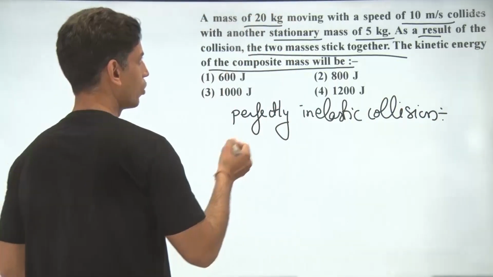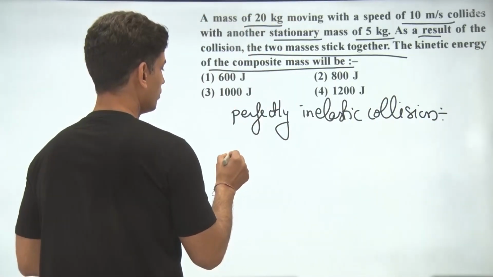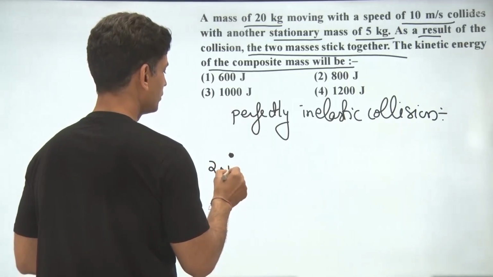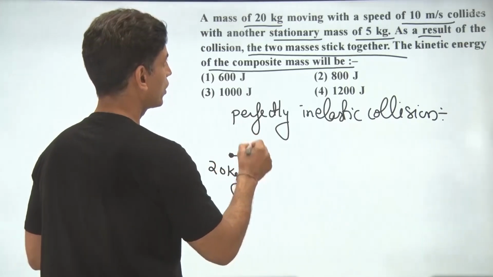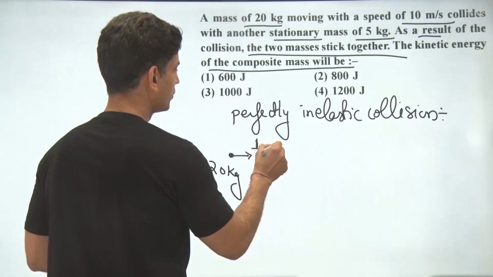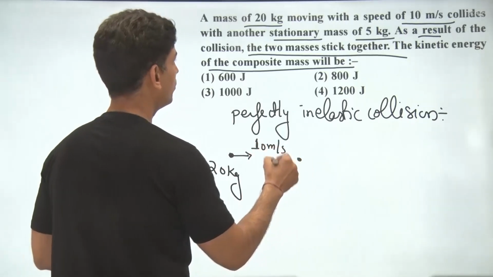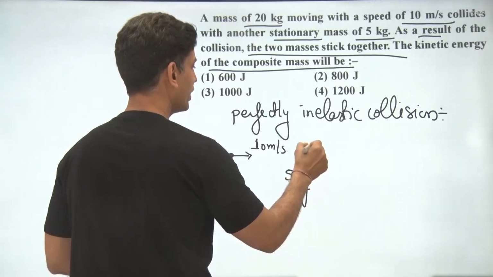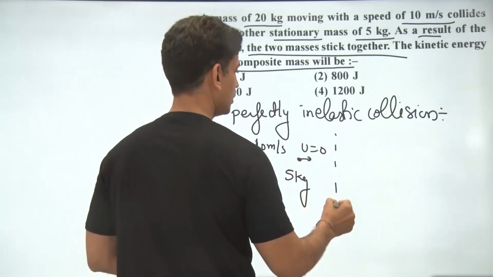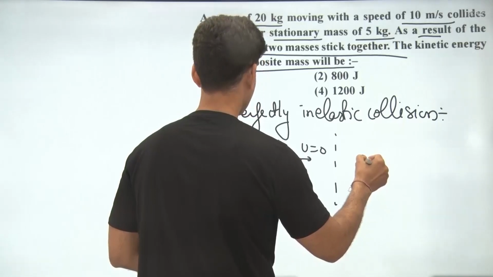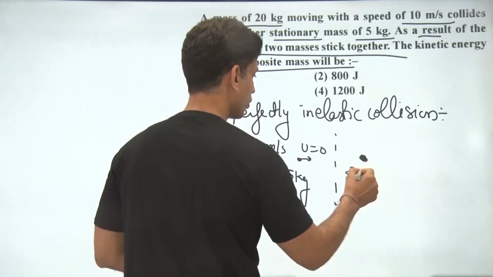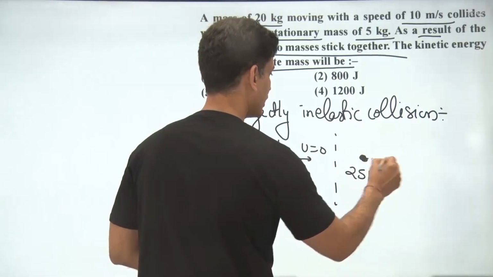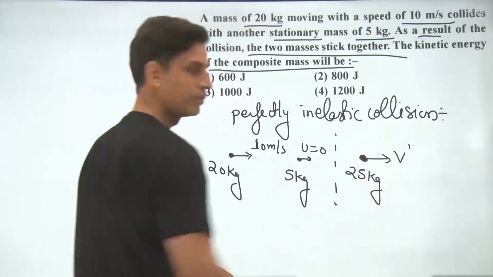Okay, so I'm drawing the figure first. Mass is 20 kilogram, moving with a velocity of 10 meter per second. This another body of mass 5 kilogram, not moving with any velocity. And after collision, mass is 25 kilogram because both the bodies stick together, and let's suppose they are moving with velocity v dash.